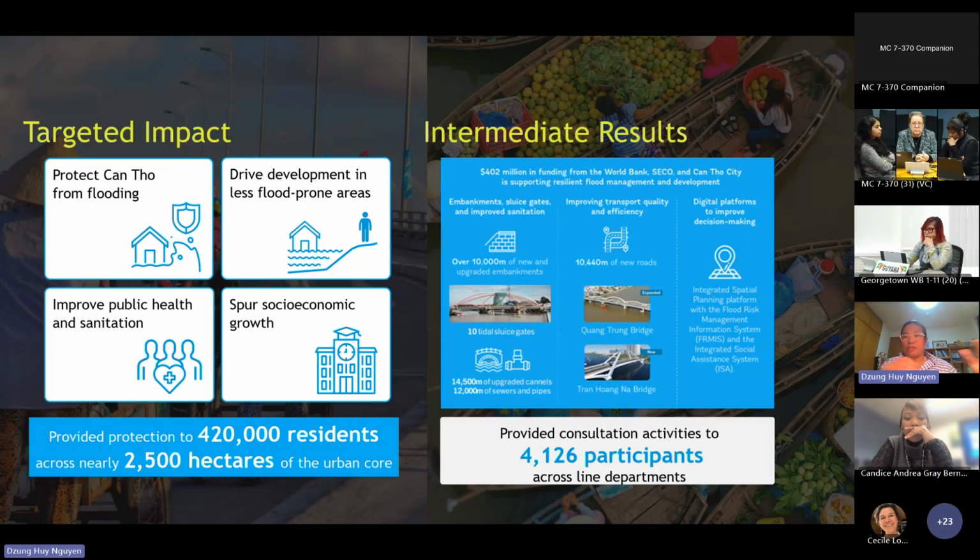This is really important to improve the connectivity between the two areas. So the project basically provides protection for 2,500 hectares of land in the core urban area, where the total population is about 420,000 people.